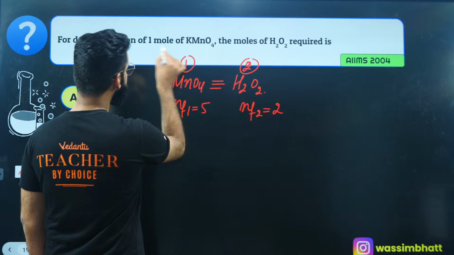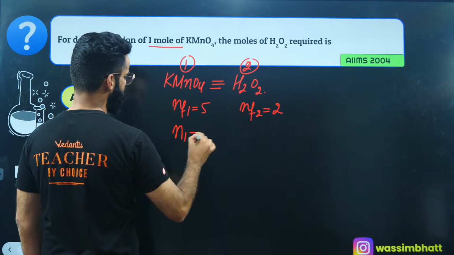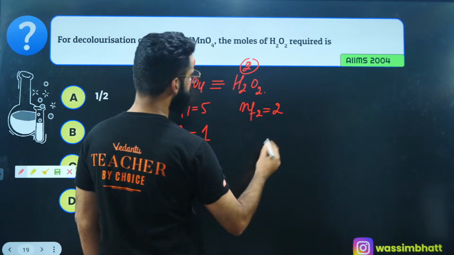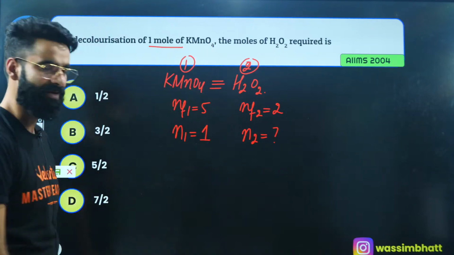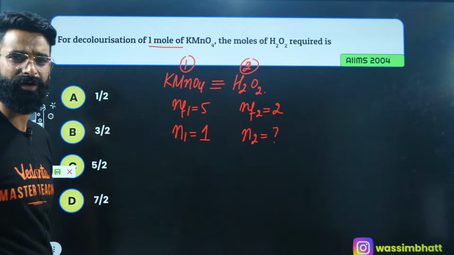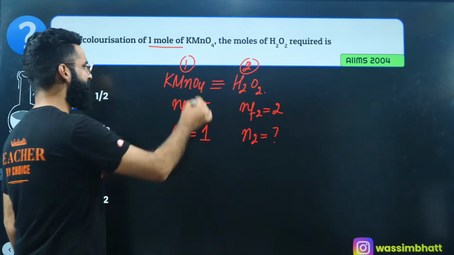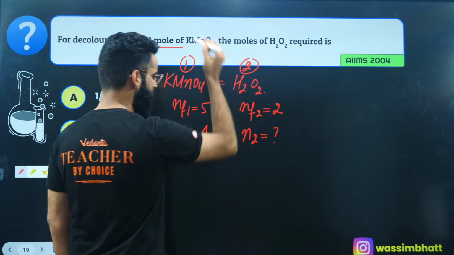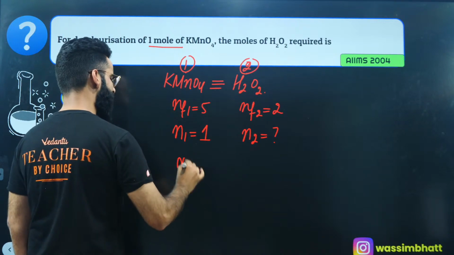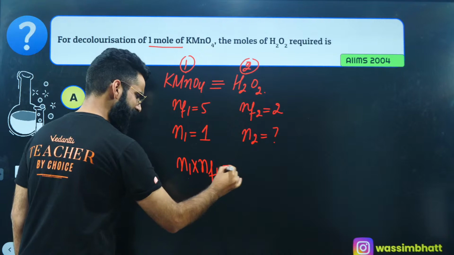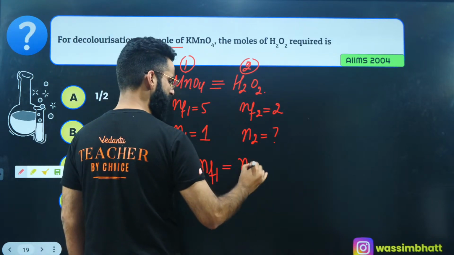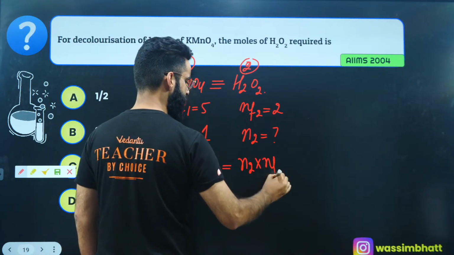So for the decolorization of 1 mole of KMnO4, the number of moles of KMnO4 given to me is 1. The moles of H2O2 required, the N2 value, I'm supposed to calculate. So what is the concept which I'll be using over here? I'll be using simply the concept of gram equivalence. Gram equivalence of 1 reacted should be equal to gram equivalence of 2 reacted. Gram equivalence of 1 reacted is N1 multiplied by N factor of 1, equal to N2 multiplied by N factor of 2, right?